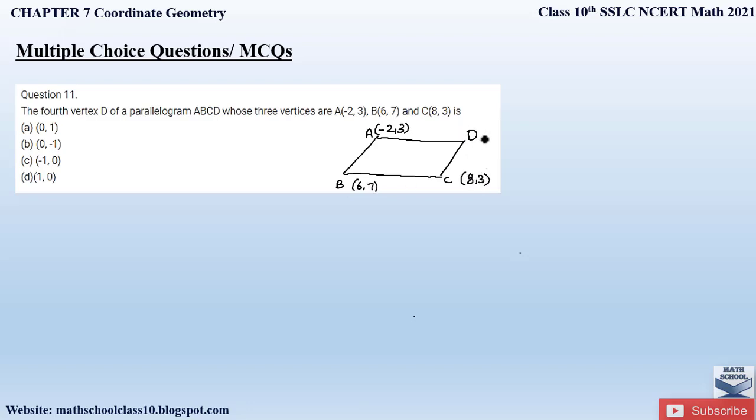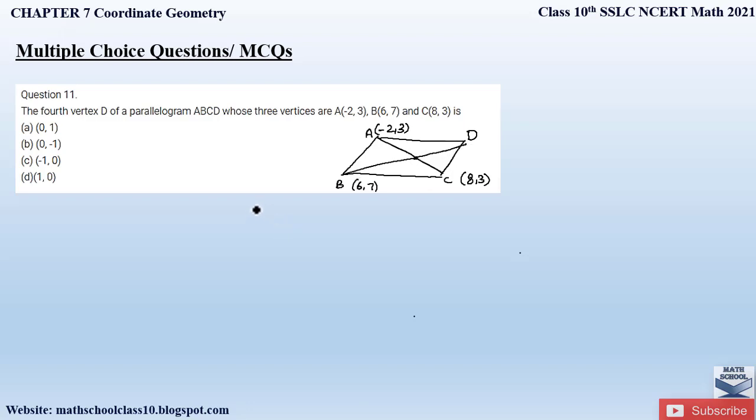And we have to find out this vertex D. From the properties of a parallelogram, we know that the intersection of the two diagonals will form the midpoint of the two diagonals. For diagonal AC, we know the vertex A and vertex C. So we can find out the midpoint of AC, and then by using this midpoint, we will find out the vertex D in diagonal BD.